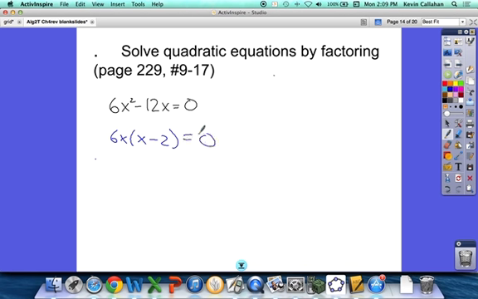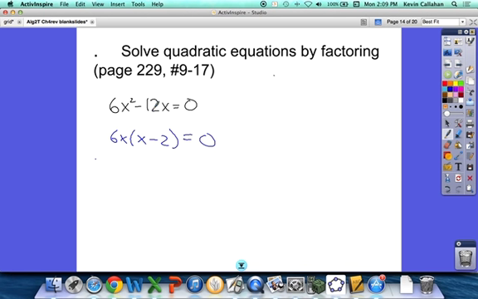I use this problem with my other classes too, which are not Algebra 2 Trig. And I don't remember if you guys did this at all. I know in their classes there was a lot of factoring out of 6x and then still having a 6 inside. Right? But remember, you should be able to go backwards, do the distributive property, and you should be able to get back to that expression.